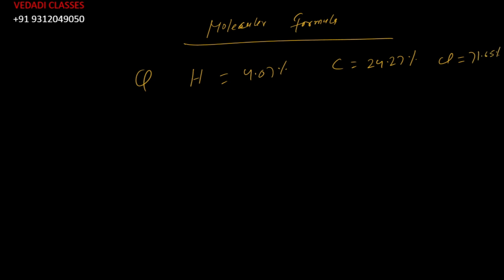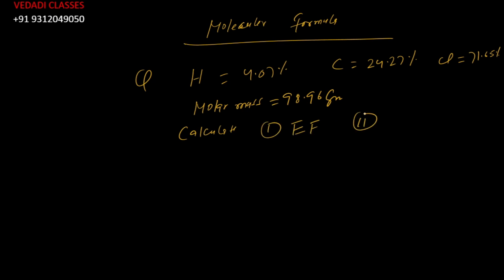This is given to you, and they have given one more thing: the molecular mass of this compound is 98.96 gram. Then the question: calculate, first, the empirical formula, and second, the molecular formula.